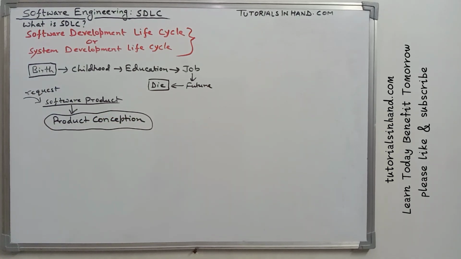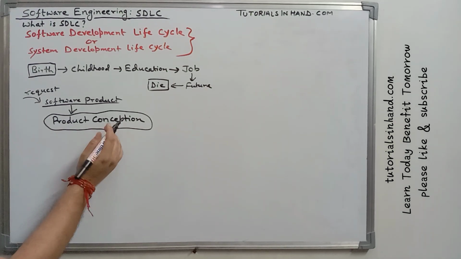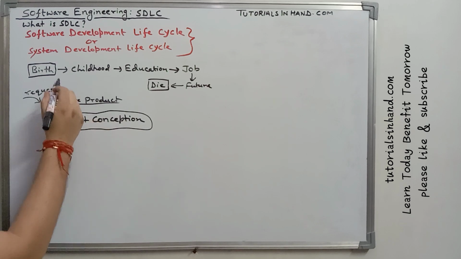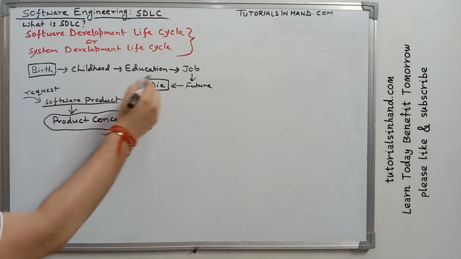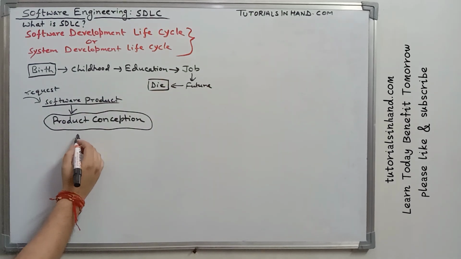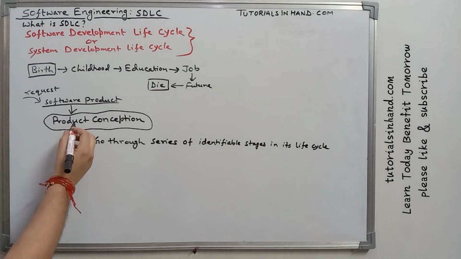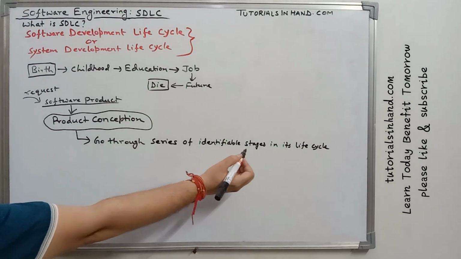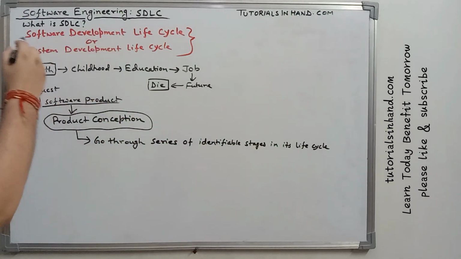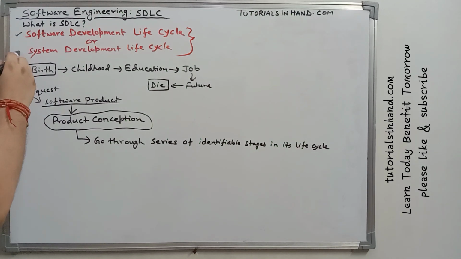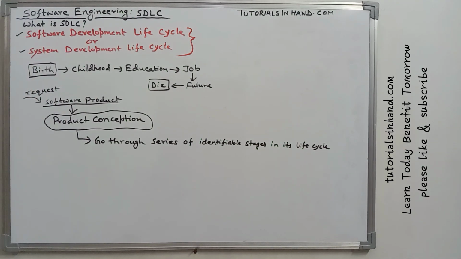Once the product conception is made, this idea of the product will go through a series of identifiable stages, something similar to this. It has different stages. It will go through a series of identifiable stages in its life cycle, which will be referred to as software development life cycle or system development life cycle, or it can also be referred to as software process.